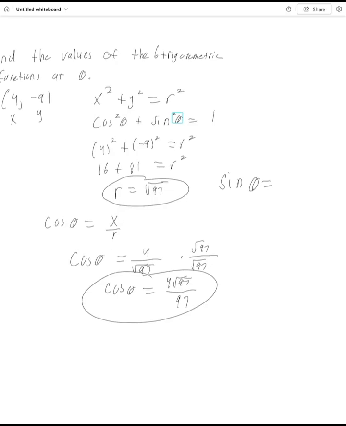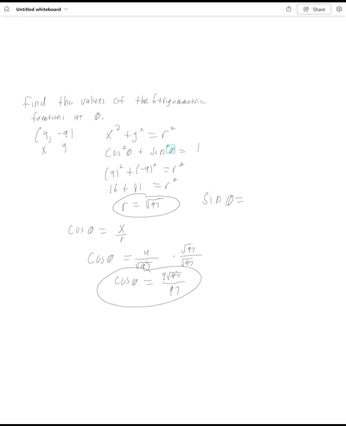This is our cosine. Now our sine. Sine of theta equals y over r this time. Make sure you have these memorized, but really you only have to know three: cosine, sine, tangent.